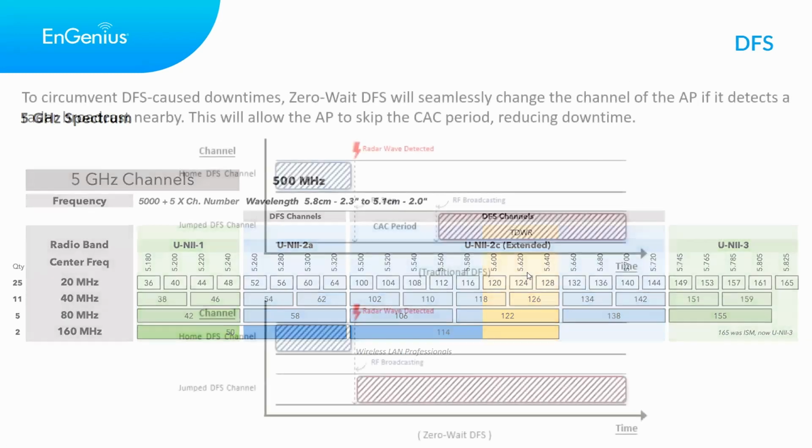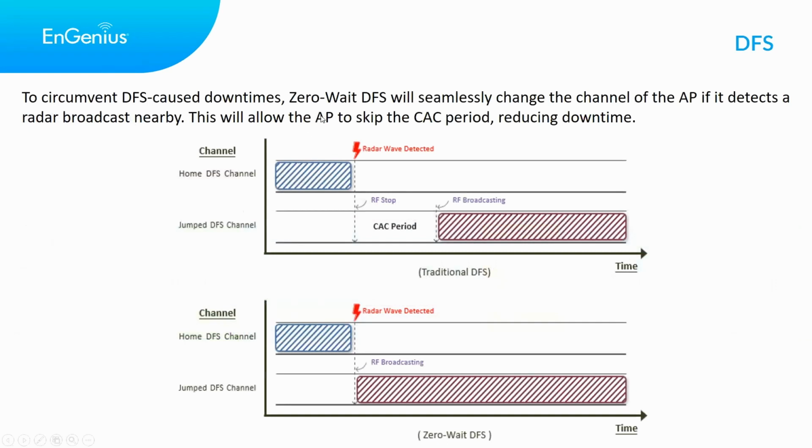Now, to avoid that issue, we have zero-wait DFS. Zero-wait DFS is available on our security APs, so that would be the ECW230S and ECW220S. What it would do is, because it has a dedicated scanning radio, it would constantly scan the background for DFS frequency. If it detects, for example, a radar signal nearby, even if it's not broadcasting, it's just detecting it, then it's going to switch your AP to another channel right away.